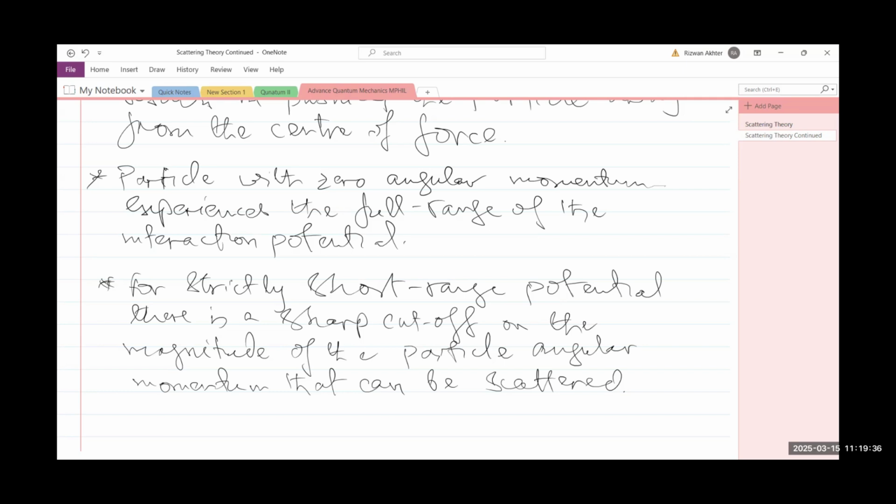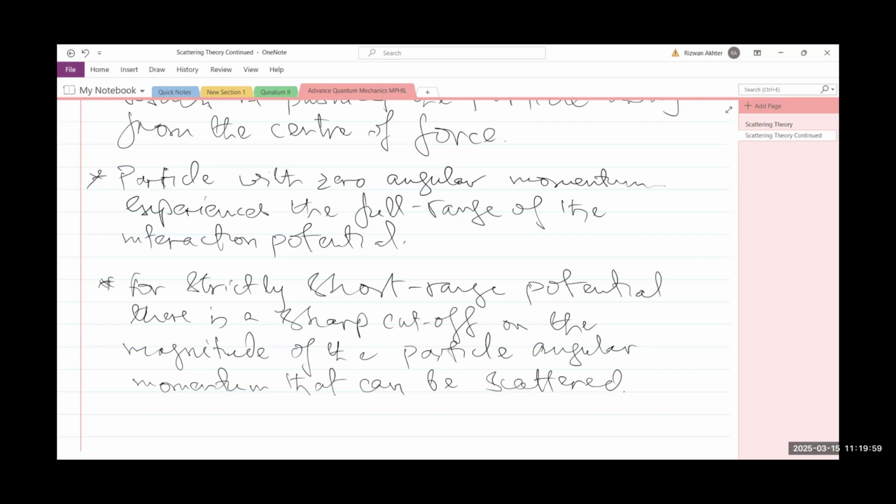Yeah. Similarly, for a purely repulsive potential, what would theta be equal to? Theta would be equal to pi, which implies 180 degrees reflection, or scattering in the opposite direction. Since the particle is reflected backwards, theta would be equal to pi.